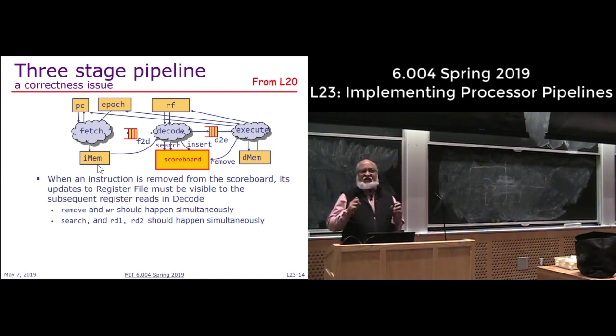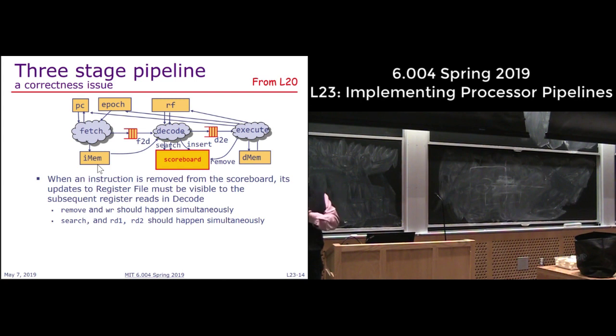You see, this is something now I can assert because of atomic rules. So we have to make sure any time I write in the register file, I can remove instructions from the scoreboard. But if I ever remove an instruction from the scoreboard without writing the values in the register file, hell will break loose, right?